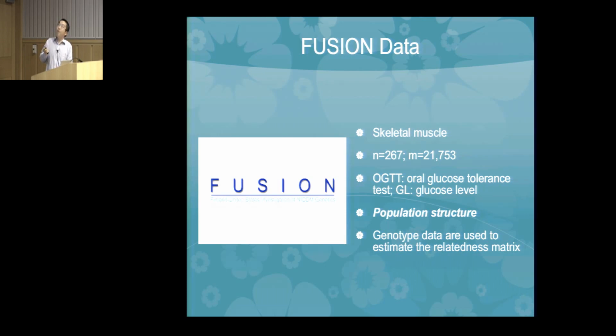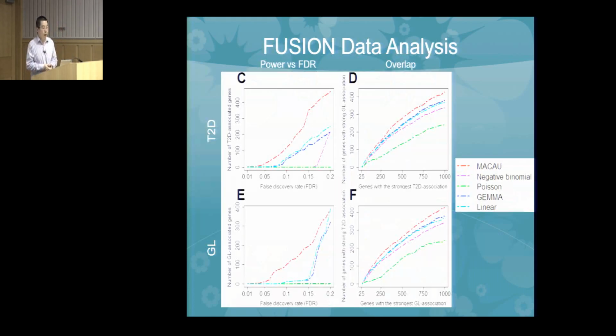In order to control for population structure, as usual, we use the genotype data to estimate the relatedness matrix K, and we plug it in so we can apply the macro tool. We compared with a bunch of other methods. The top 2 panels show the results for type 2 diabetes status, while the bottom 2 panels show the glucose levels. The first column shows, again, the power versus the false discovery rate.